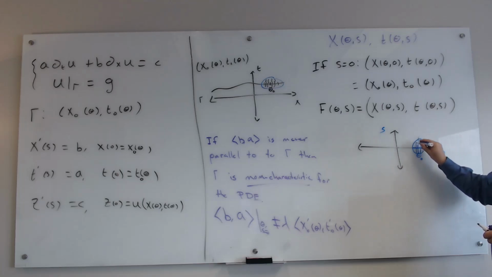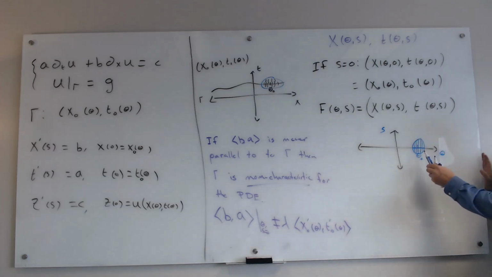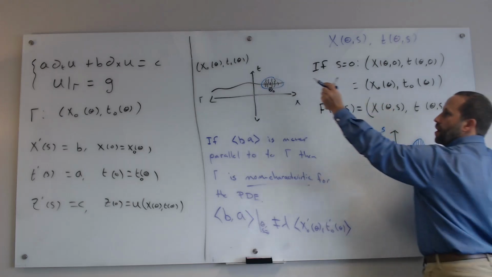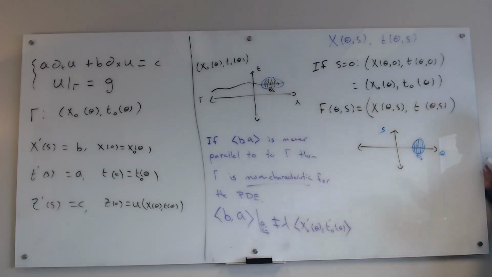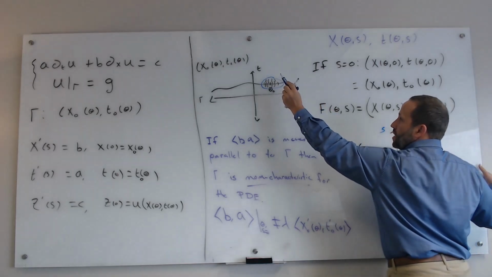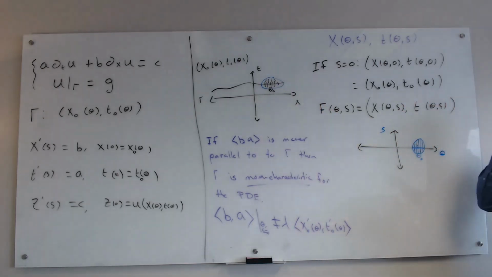Now what I know is that every point in this ball is going to lie on exactly one of these vertical lines, and I want to show that the function going from here to there is one-to-one. That means for every point there will be a unique s and theta, meaning there's a unique characteristic on which the point lies.